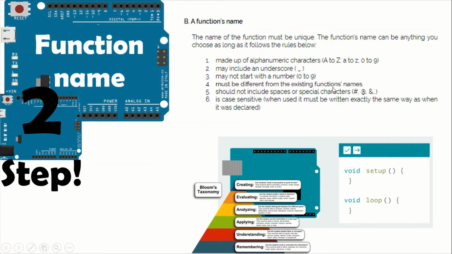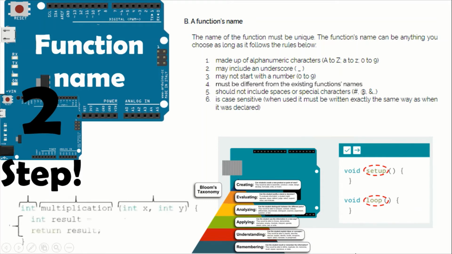It should have unique names. It should not include spaces or special characters like this one. And you have to know the function name is case sensitive. As you can see, setup and loop are the names of our basics functions.